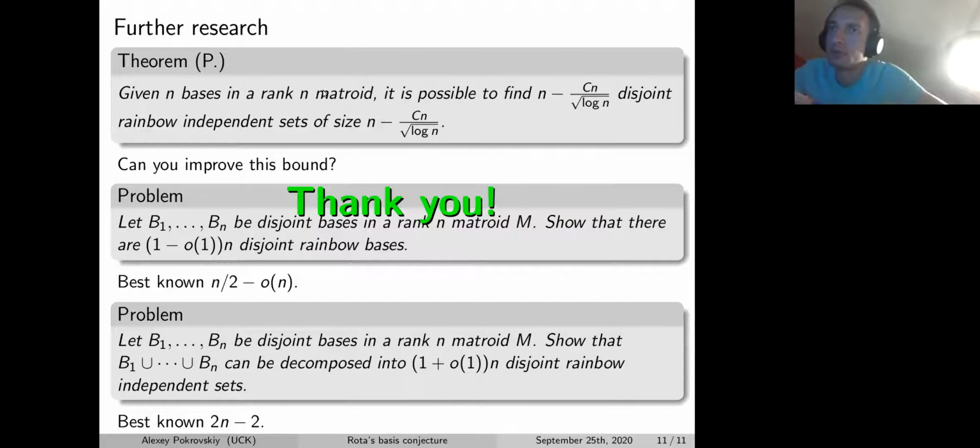Your result does look a lot stronger to me than the n/2 result. Yeah, but also actually getting full bases is not easy. That's also difficult. So I think there are non-trivial difficulties to getting them into full bases.